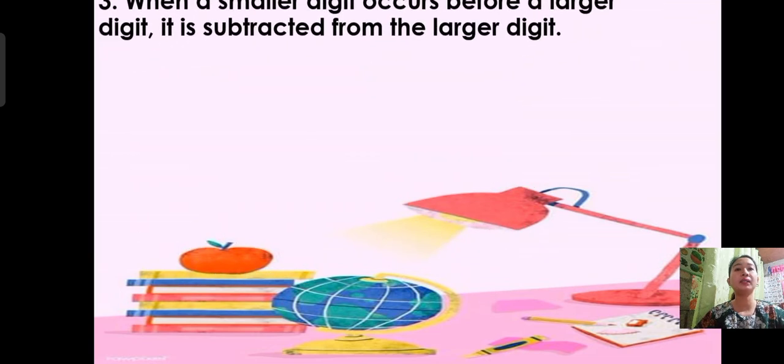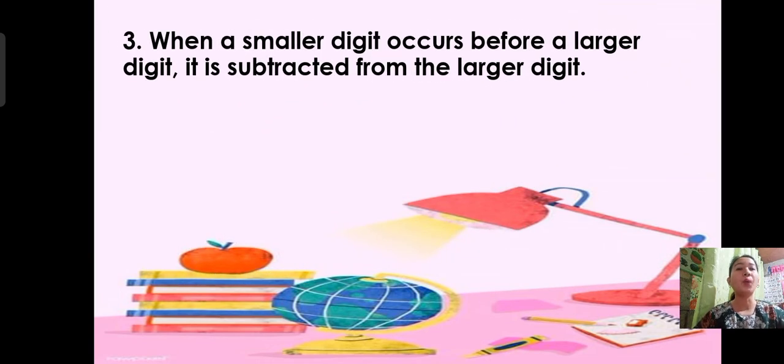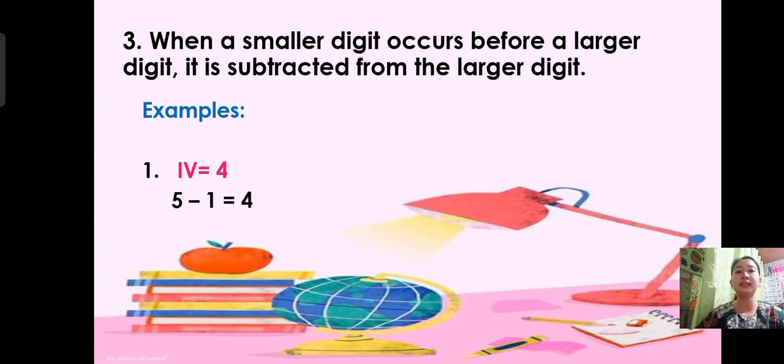For our third rule, when a smaller digit occurs before a larger digit, it is subtracted from the larger digit. For example, Roman numeral I and V is equal to 4. How do we get this?